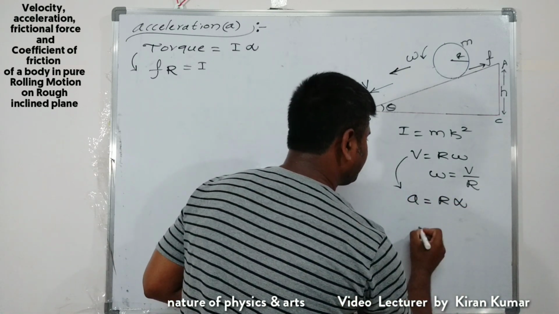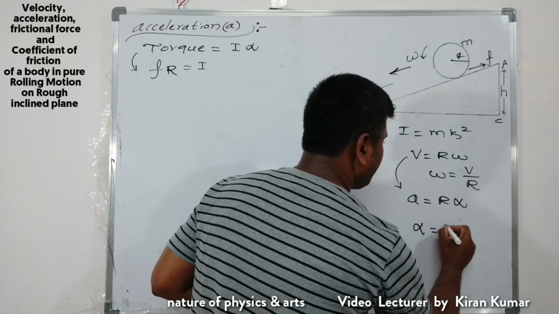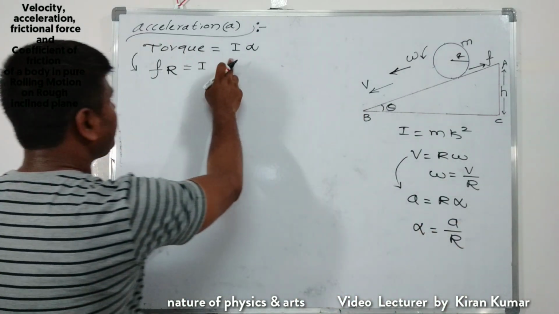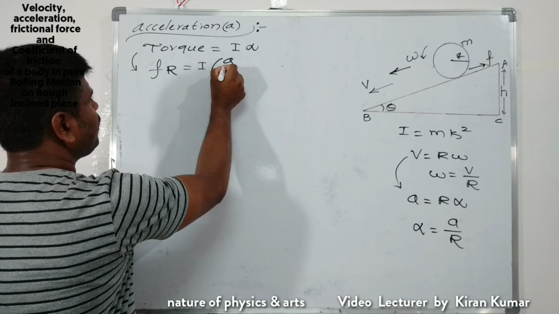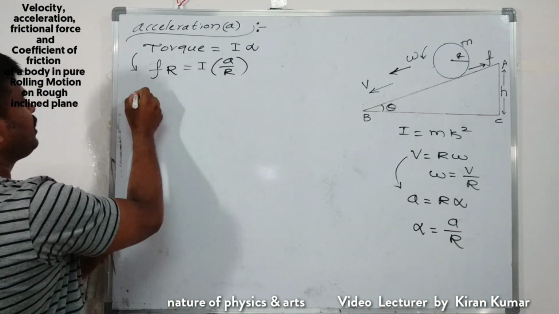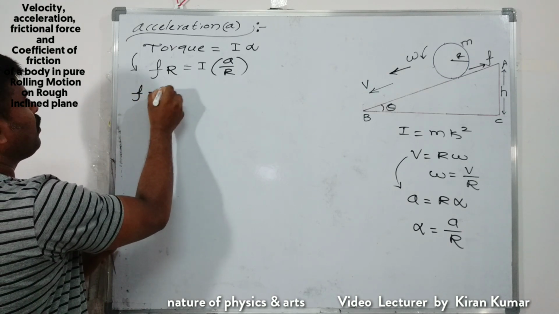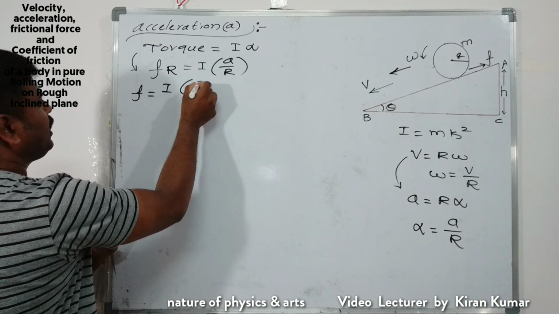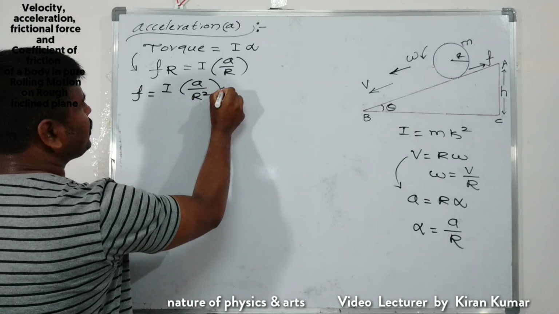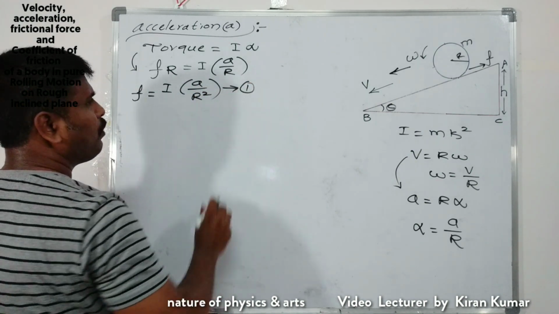From this equation, α is equal to a divided by r. So replacing the α value, that is a divided by r, we can write the frictional force F is equal to I into a divided by r into r, that is r², taken as equation number 1.